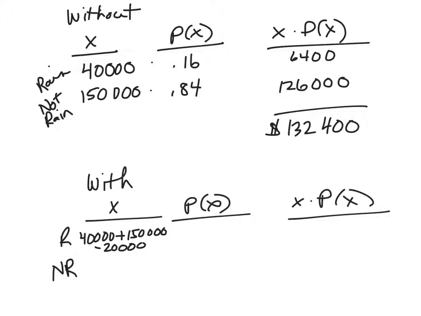Okay, if it doesn't rain, he's going to get his 150,000 that he was going to get anyway, but now he's out his 20,000 in premiums for the insurance. That's what it cost him. So the probability of rain is still 0.16. The probability of not rain is still 0.84.